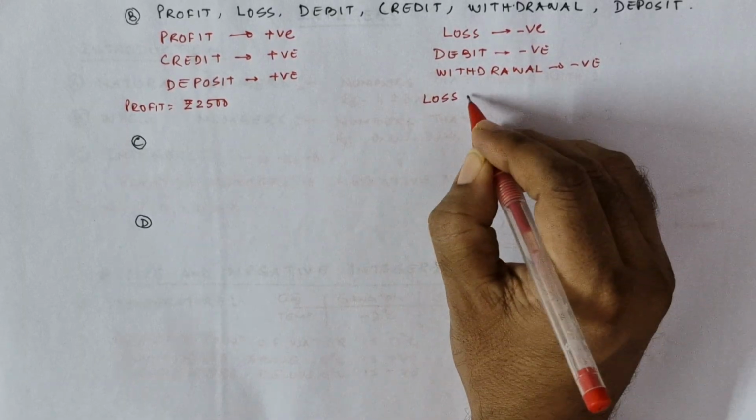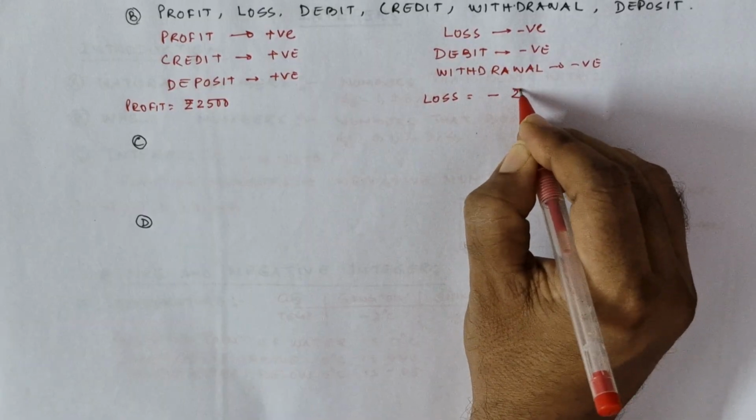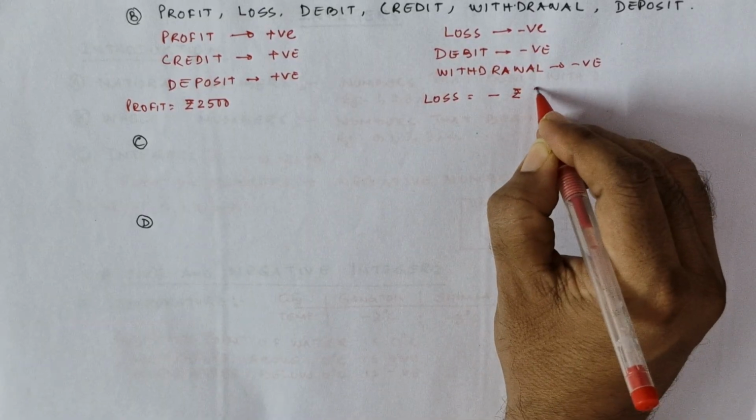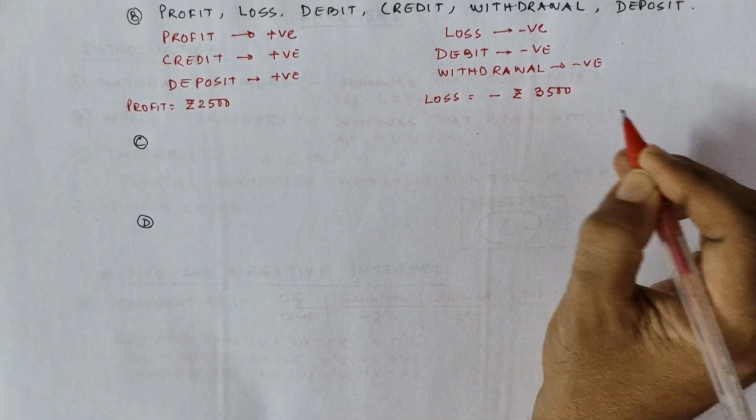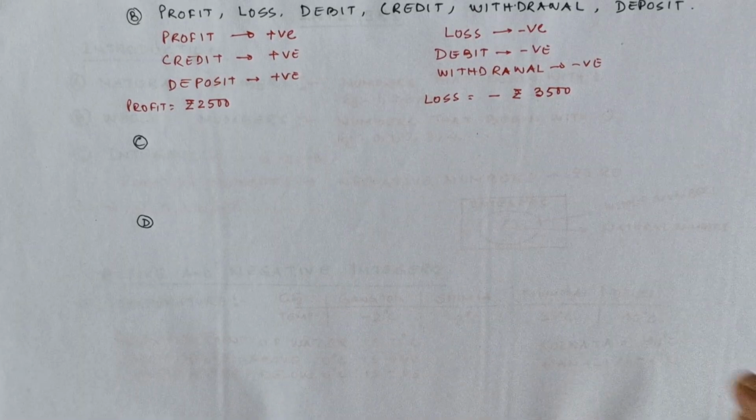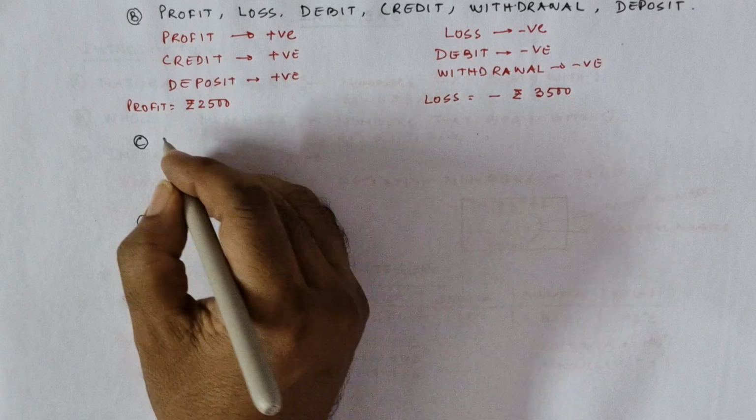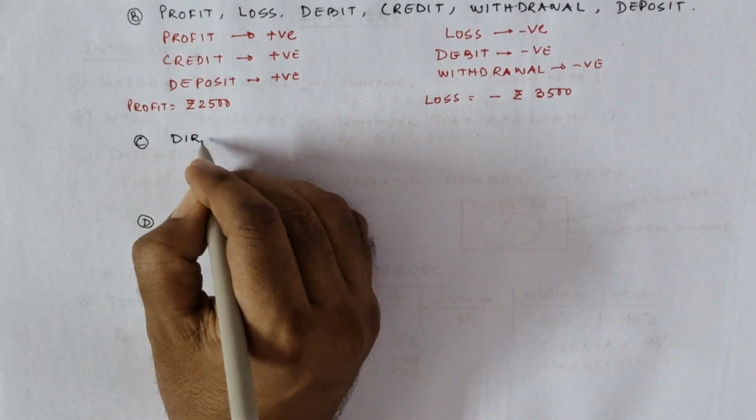Loss is negative, so you will represent it with a negative sign and the loss figure. Got it? Let's come to the next real life example, that is directions.